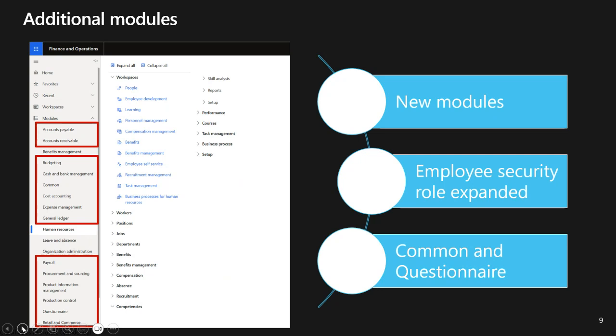So you'll notice that you can see accounts payable and accounts receivable, along with all these other finance related and supply chain and commerce and project operations related modules. For most users, they won't actually see these modules if they've got security roles assigned to them. But as an administrator, when you log in, you will be able to see all of the modules and features across all of the finance and operations products.